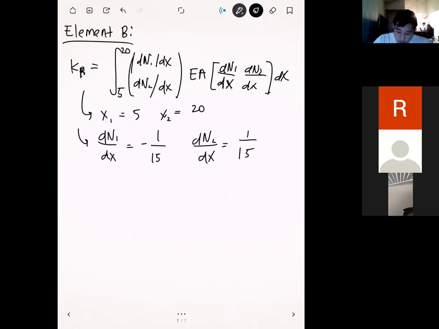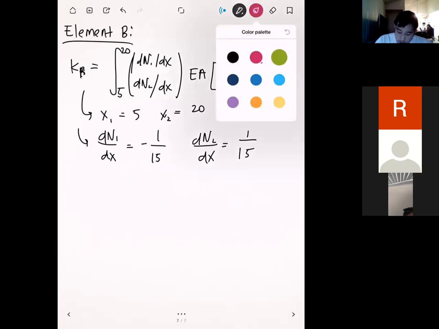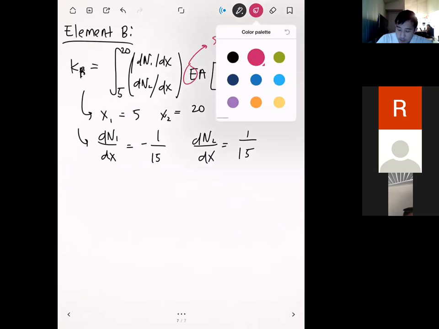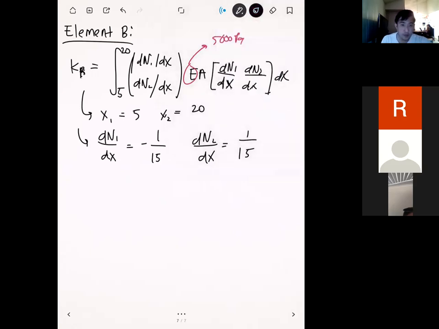Okay. And our E in this case is going to be the same, so our E is still going to be 5,000 pascals. And then our A is going to be given by that function from before. So we plug all this in, and we're left with 200 over 9, minus 200 over 9, minus 200 over 9, 200 over 9.